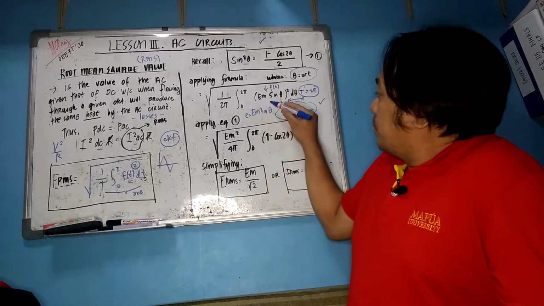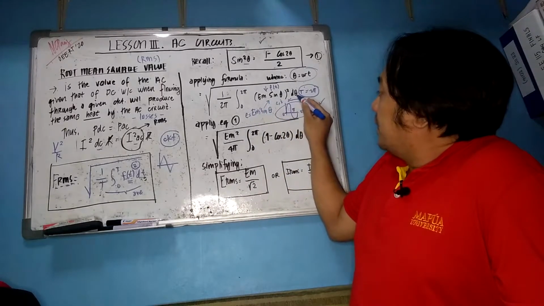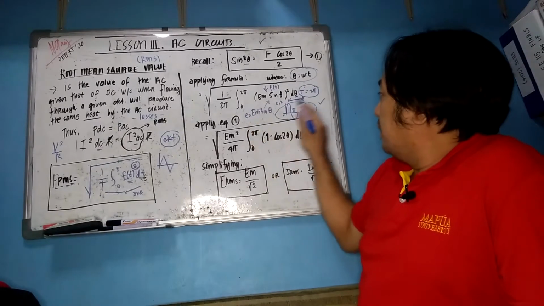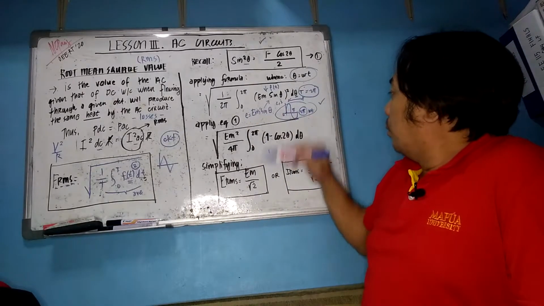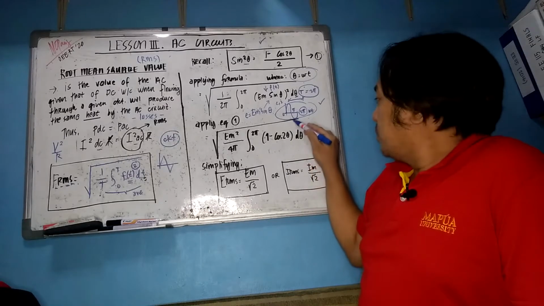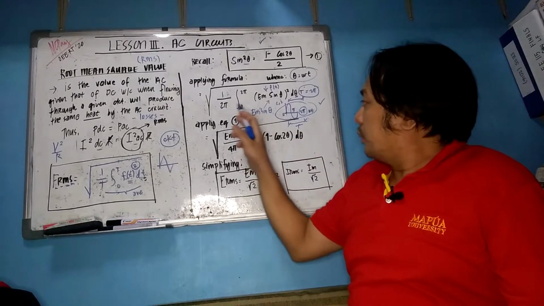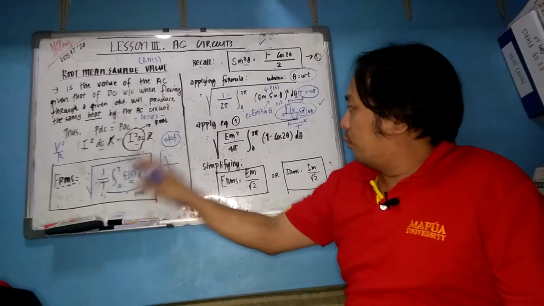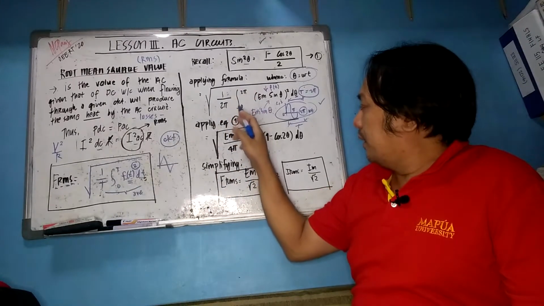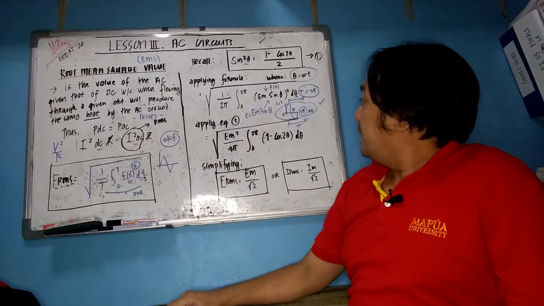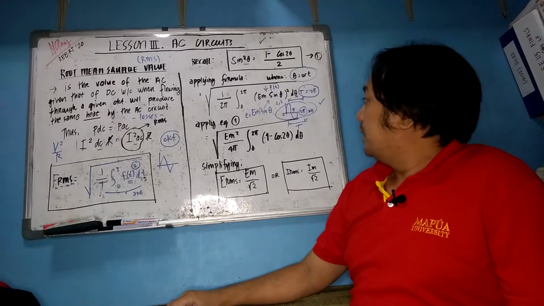So you can substitute that function here and d theta. Then you square, and then from 0 to T, the whole period of the sinusoidal signal. So what will happen is you have 1 all over 2 pi, integral from the limit 0 to 2 pi, of Em sine theta squared d theta.